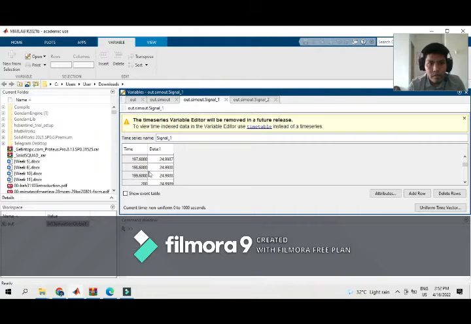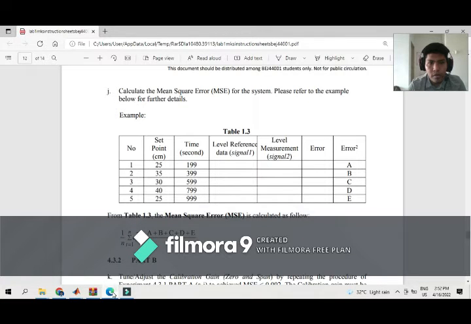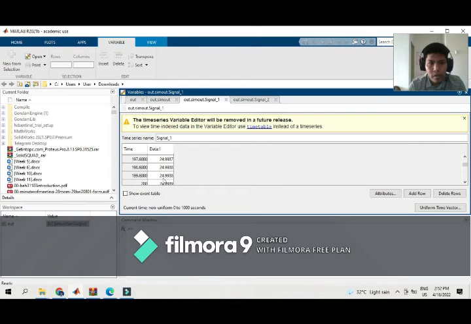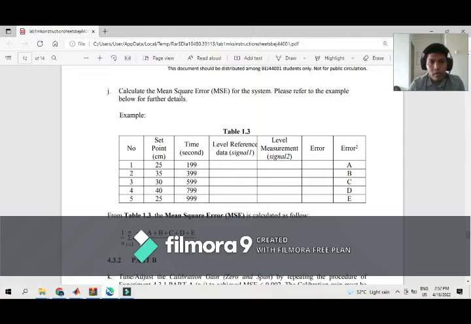For example, at time 199, you can get the data for the level reference, 24.9988. For time 399 we use the same method.